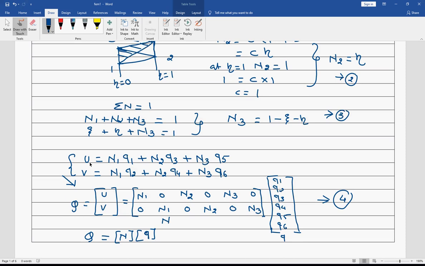Then we have written the isoparametric formulation for the displacement as well as for the coordinates. So u equal to n1 q1 plus n2 q3 plus n3 q5, and similarly for the v, and we could write down q equal to n into q.